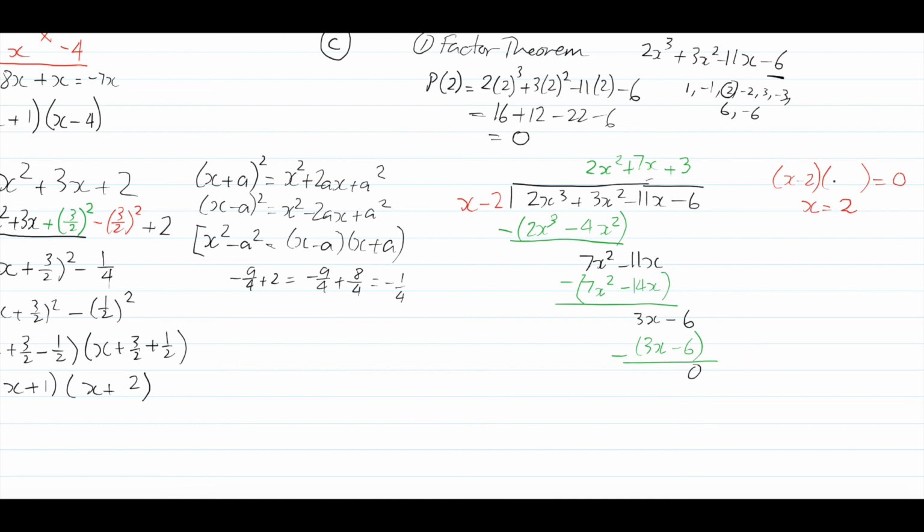Then what's your second factor? Your second factor in this case is the quotient that you just got over here, 2x squared plus 7x plus 3. So rewriting this, we get x minus 2 multiplied by 2x squared plus 7x plus 3.